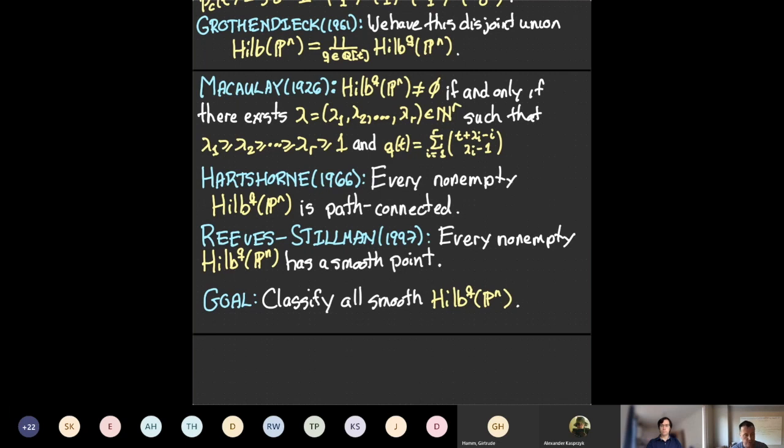And for Reeves and Stillman's result, again, we don't have an analog for any other projective varieties. So not even schemes, even smooth, nice projective varieties, I don't know how to extend any of these three results, which is both interesting and a little sad in some sense. So maybe I'll put a box around this to emphasize that that's the central player.